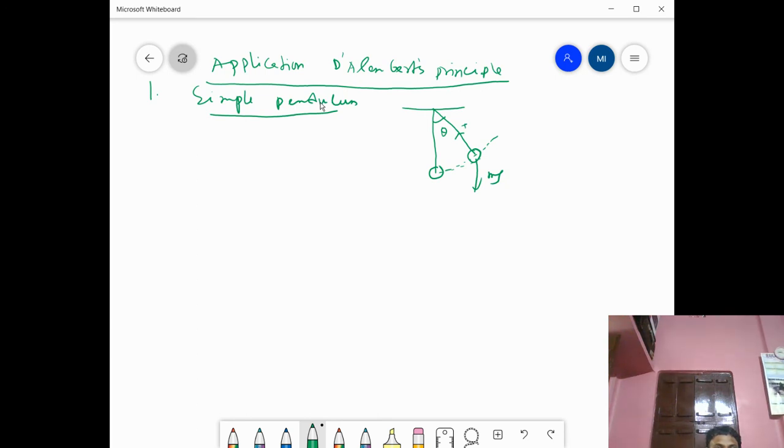This force is T, this is mg acting downwards. Considering these two forces, you find the equation of motion. But here you apply D'Alembert's principle. Since T is a force of constraint, suppose there is a displacement delta Ri perpendicular to T.